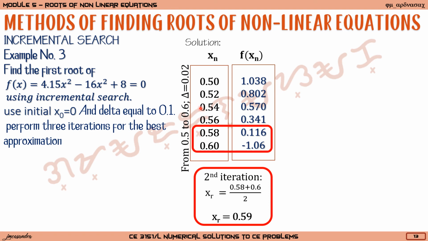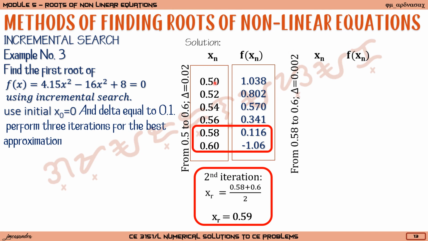So XR now is equal to 0.59. Okay, so second iteration pa lang to, so we move to our third iteration, and the third iteration now will come from 0.58 to 0.6. So let's have a new delta.